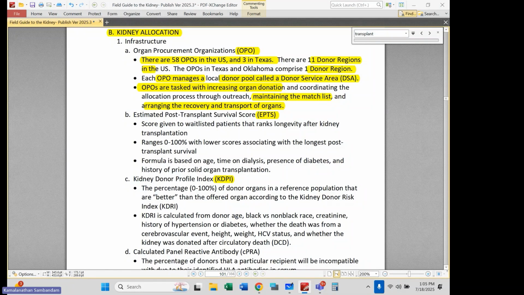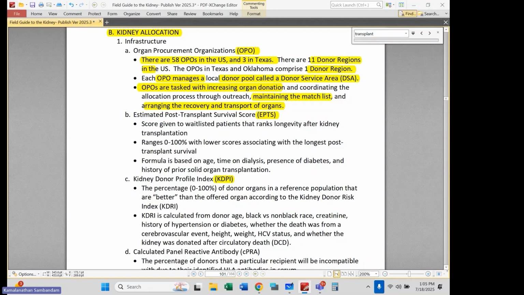If you were a 78-year-old, you could theoretically get a kidney from a 15-year-old or a 20-year-old kid who died in some trauma accident, right? And so the thought was, well, that 70-year-old is going to die with a creatinine of 0.8, and that kidney could have served a healthier person for longer, right?